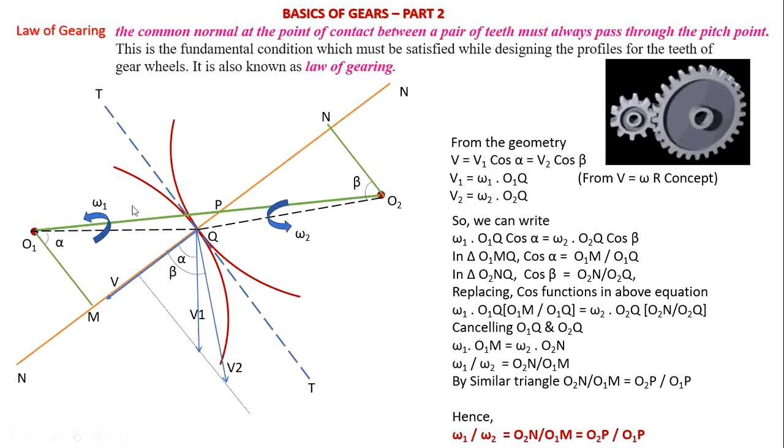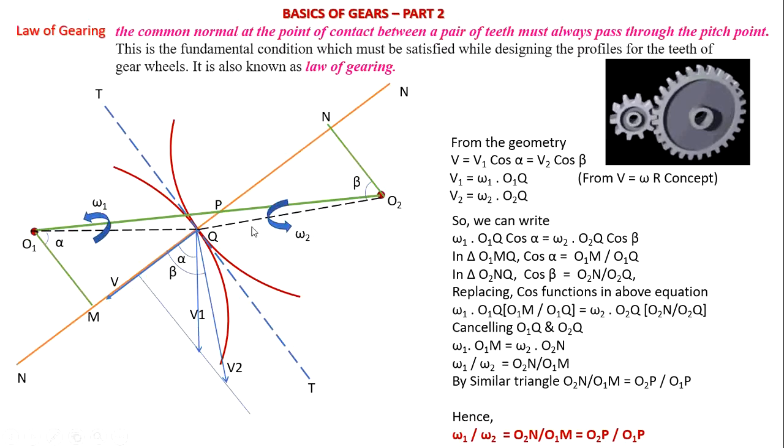So to transmit a uniform velocity ratio, O2N, O1M, O2P and O1P, everything falls on the common normal. That's why the common normal at the point of contact of a pair of teeth must always pass through the same point, the pitch point. Hence we proved that this will satisfy the gearing action.